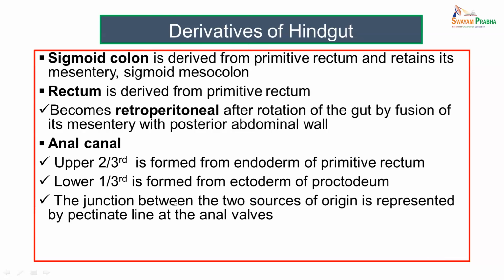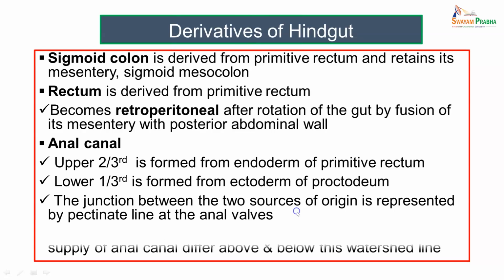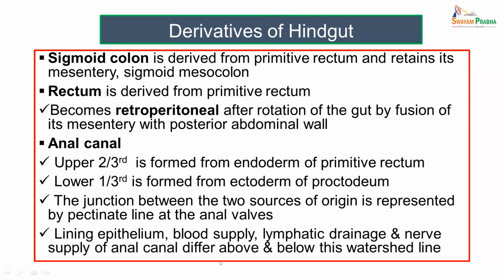The junction between the two sources of origin of anal canal is represented by the pectinate line at the anal valves. The lining epithelium, blood supply, lymphatic drainage and nerve supply of anal canal differ above and below this watershed line, the term used for pectinate line.